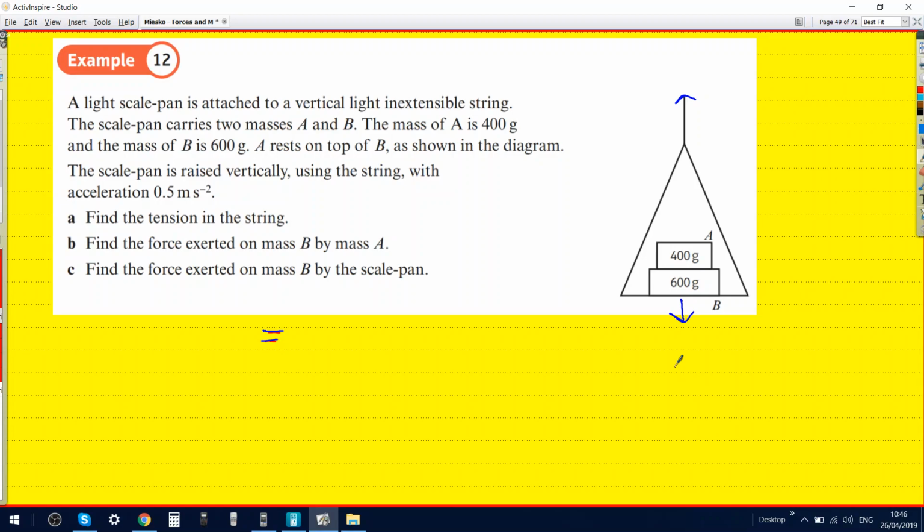Which one is bigger? Tension. Yeah. So T minus 1000 G. G is measured in kilos, so it would just be 1G. Okay.